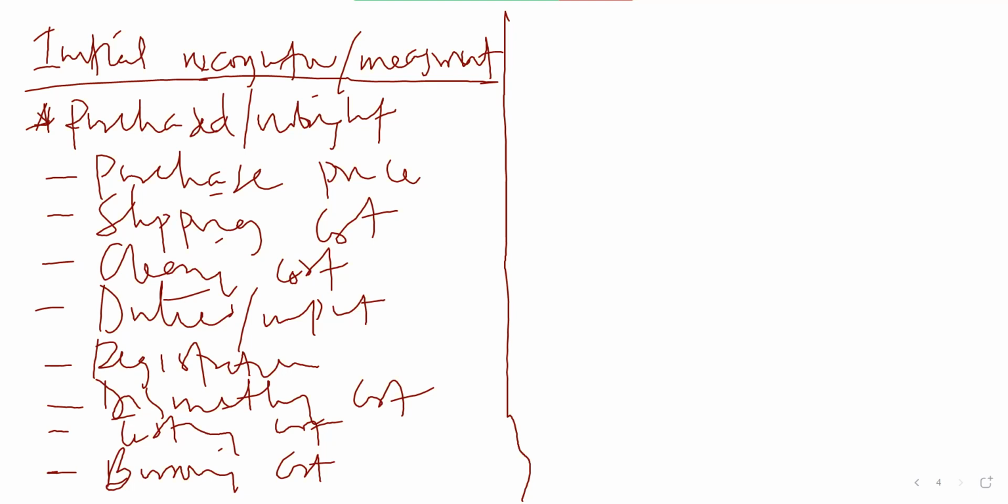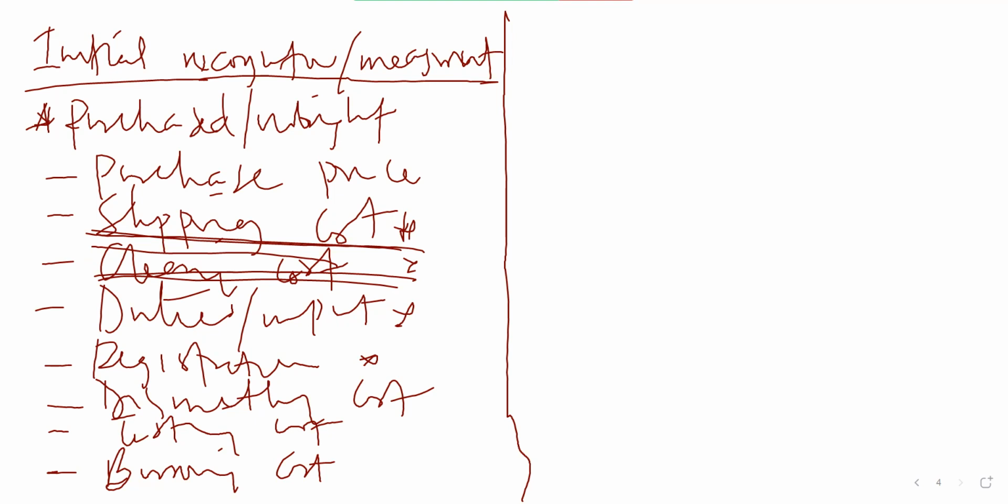That direct expense can be installation cost, shipping fee, import duties, delivery cost, any cost that is directly incurred on the asset. If not for buying the asset, you shouldn't incur shipping cost, duties, and registration. You are incurring these costs because of the asset.